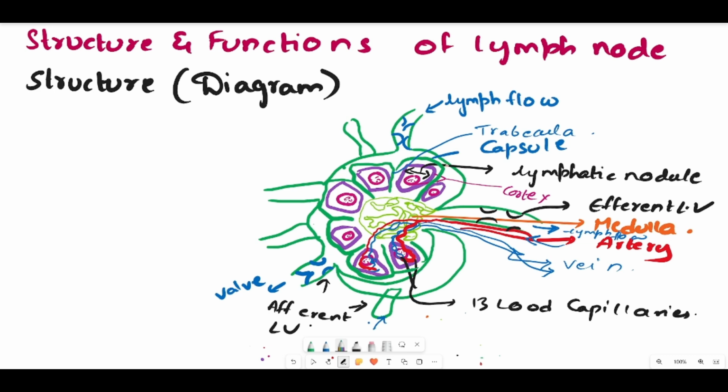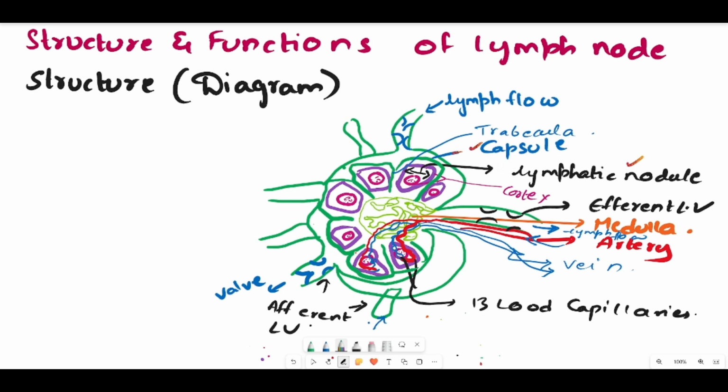And here this green colored outer part we call the capsule. And inside there are these violet colored structures with the pink colored ones. Together they are called the cortex, and this is called the lymphatic nodule.